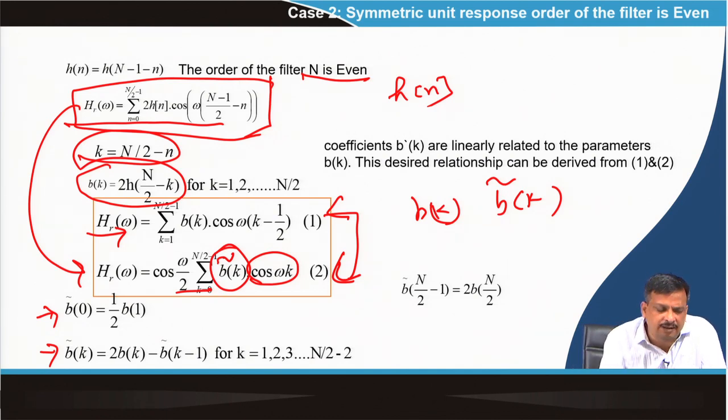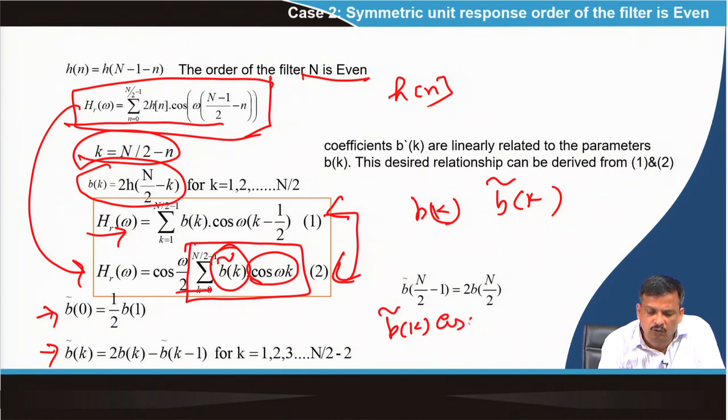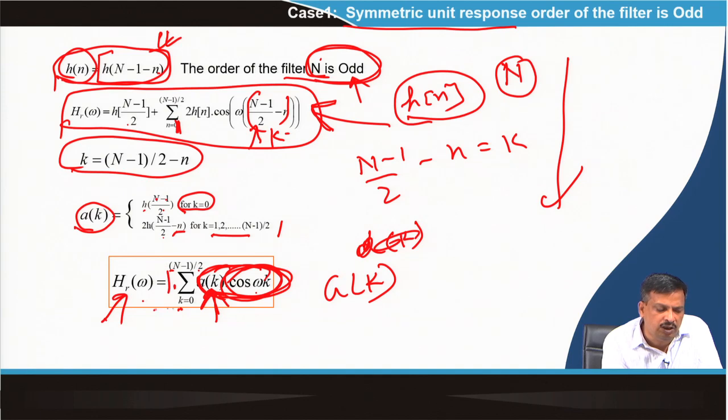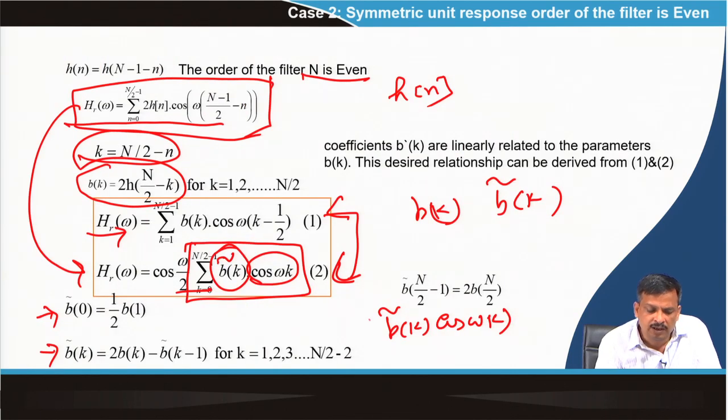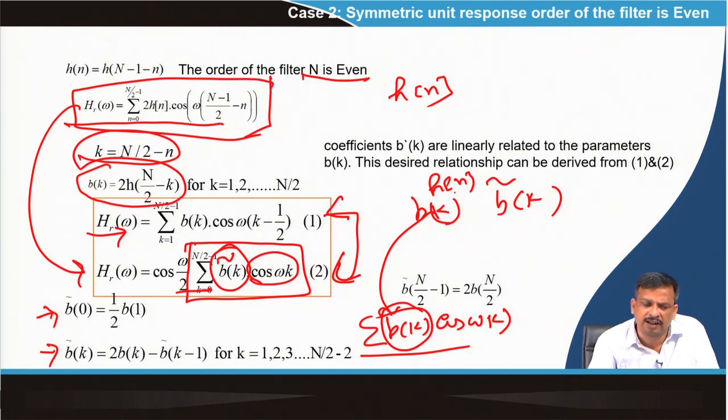So now you can see that H_R(omega) is written in one kind of format: b_k into cos(omega k). In the first case the factor is 1. This is a convolution, where the coefficient is related to h(n). b_k is defined in terms of h(n), so there is a linear relationship between b_k and h(n).